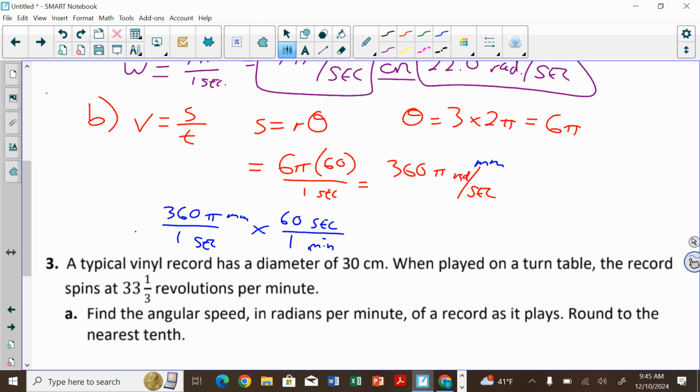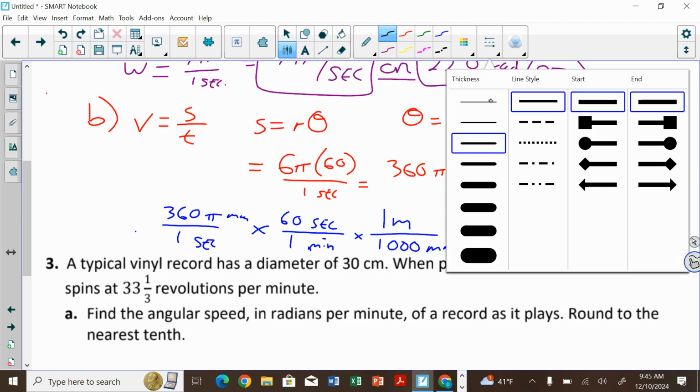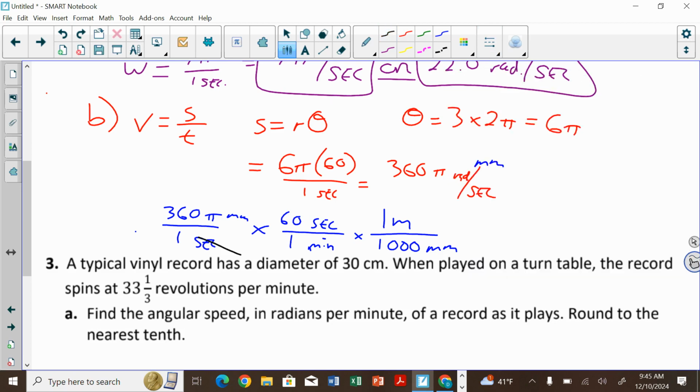And then I've got to do one more thing, right? I've got minutes along the bottom, but I need meters along the top. So 1 meter is equal to 1,000 millimeters. So then when I go into canceling here, I can cancel out my seconds and my millimeters, and I'm going to get 360 times 60, but then I'm going to divide it by 1,000.